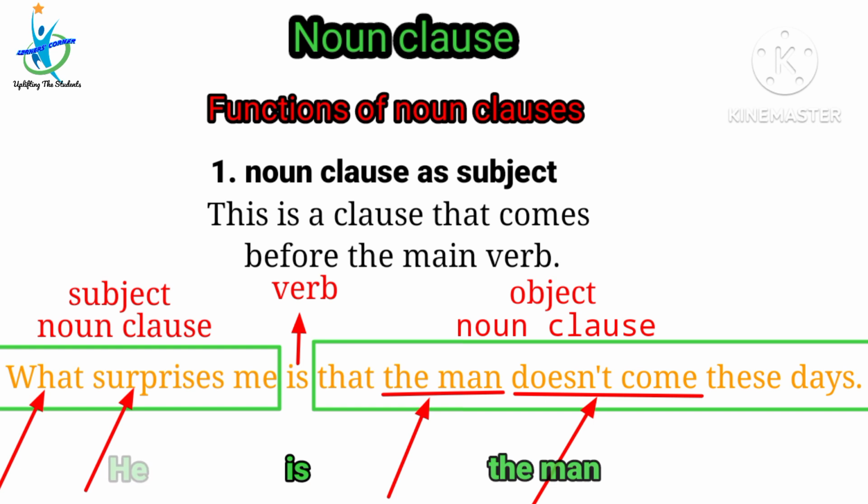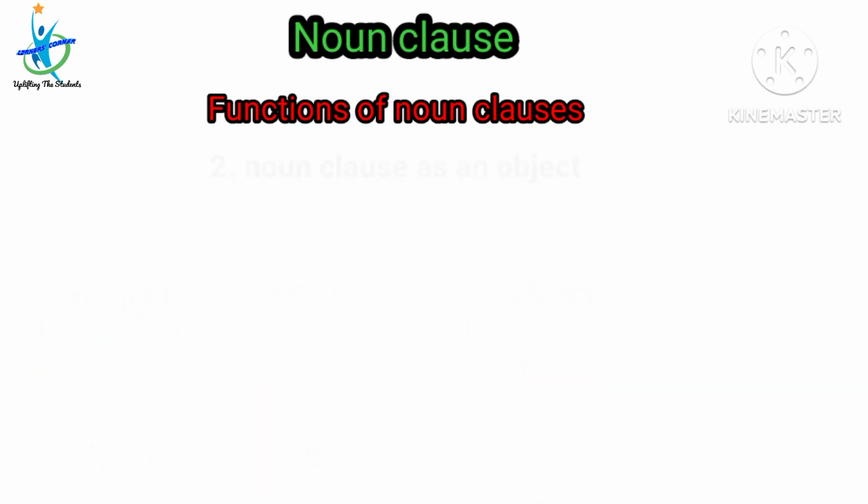So he is, then the woman, for instance. So the woman can also replace this. You can even say this is it. So we have it that can replace that the man doesn't come these days. So if you want, you can say he is the man.